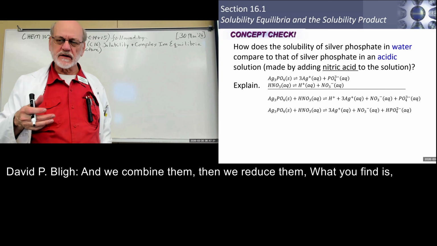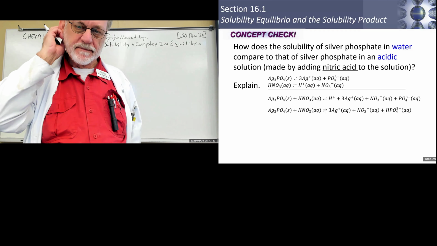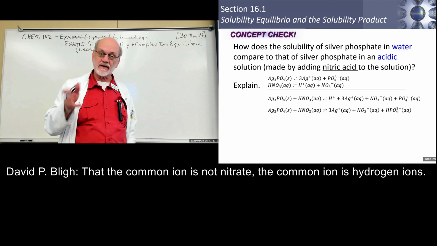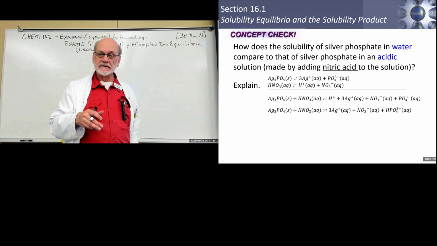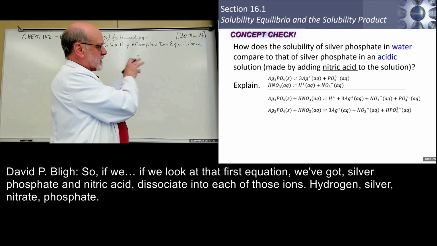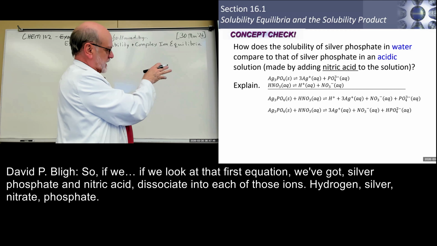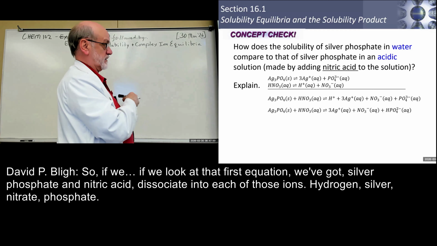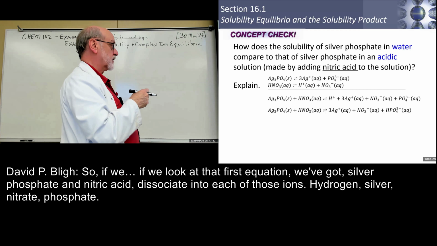What you find is that the common ion is not nitrate, the common ion is hydrogen ions. So if we look at that first equation, we've got silver phosphate and nitric acid dissociate into each of those ions: hydrogen, silver, nitrate, phosphate.